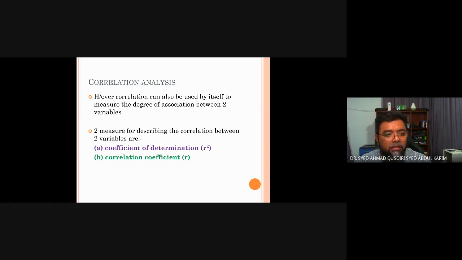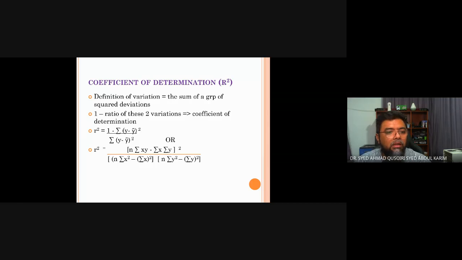To do that, we have two methods of measurement: coefficient of determination, R-square, and correlation coefficient. R-square is the sum of a group of the squared deviation.